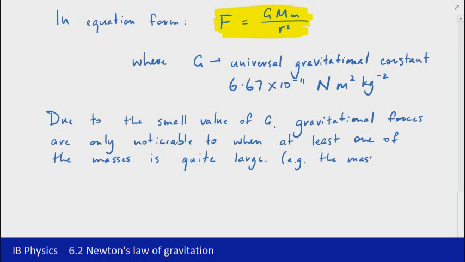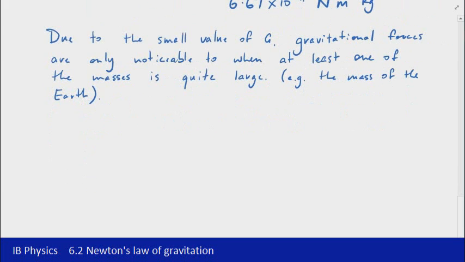For example, the mass of the Earth. In the case of the Earth orbiting the Sun, both masses are quite large compared to what we think. We could be talking about the Sun and the Earth, satellites orbiting the Earth, or asteroids orbiting the Sun.